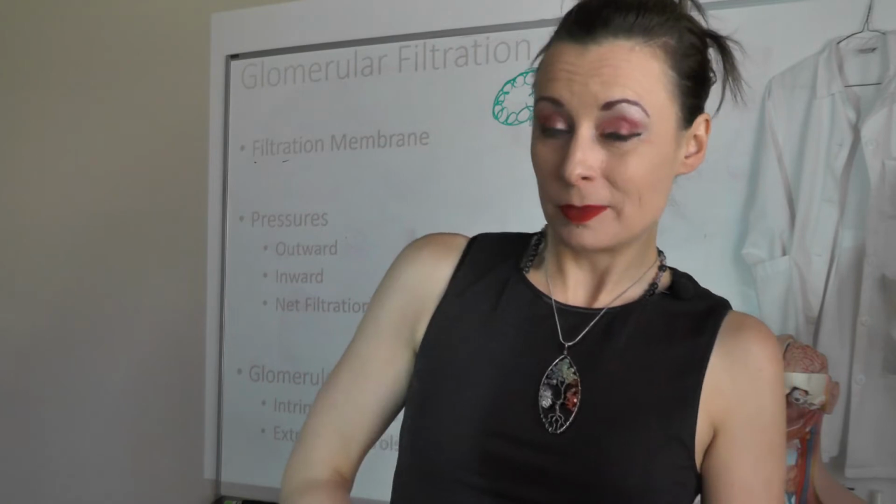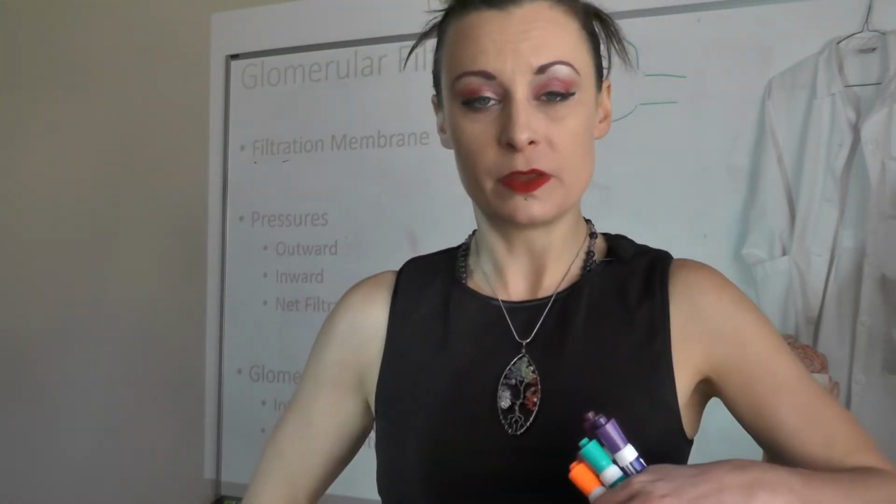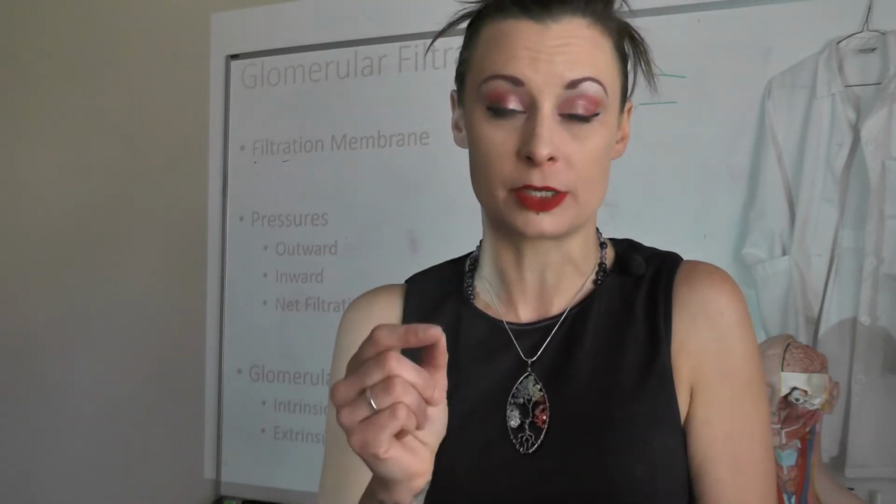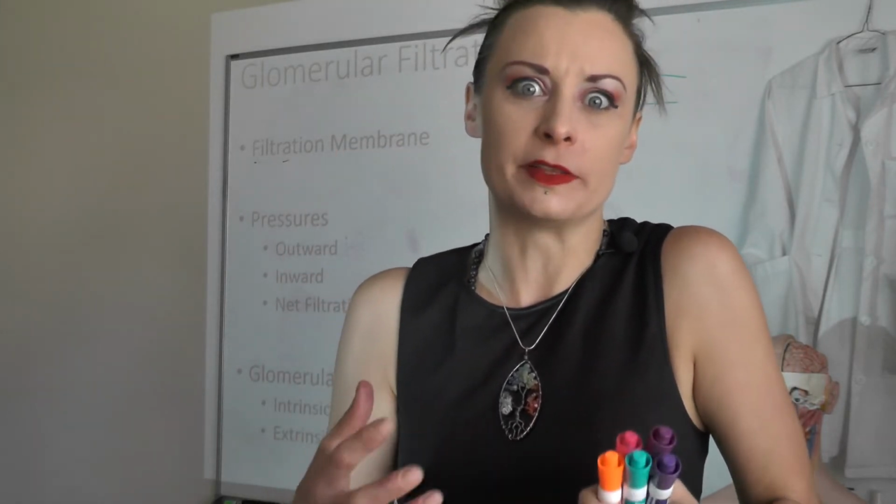So extrinsic controls of glomerular filtration rate are the way that we can control glomerular filtration rate so that we can control urine production, so that we can control blood volume and maintain systemic blood pressure. So now this is going to involve the entire body, and maintaining systemic blood pressure is so important.